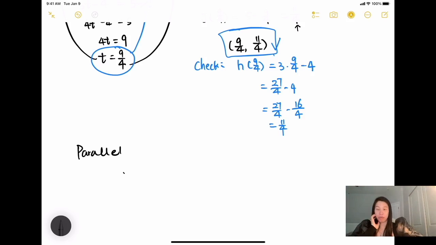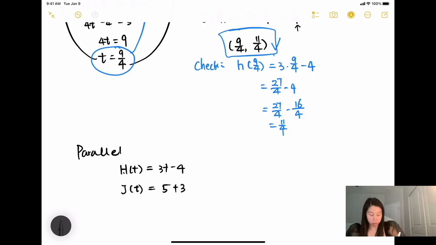I am going to write down the formulas that we got. The first one is h of t equals 3t minus 4, and j of t equals 5 plus 3t, and then the last one is k of t equals 3t minus 10. These three different lines are parallel to each other.